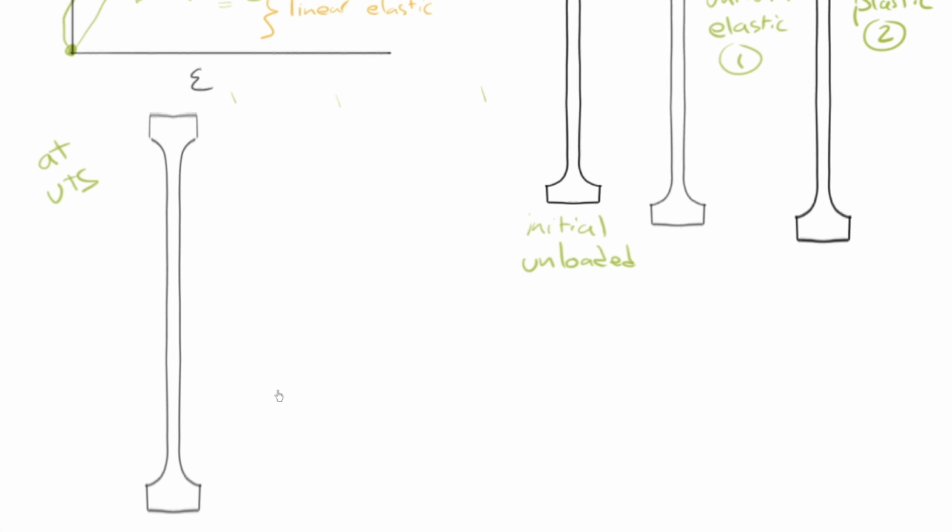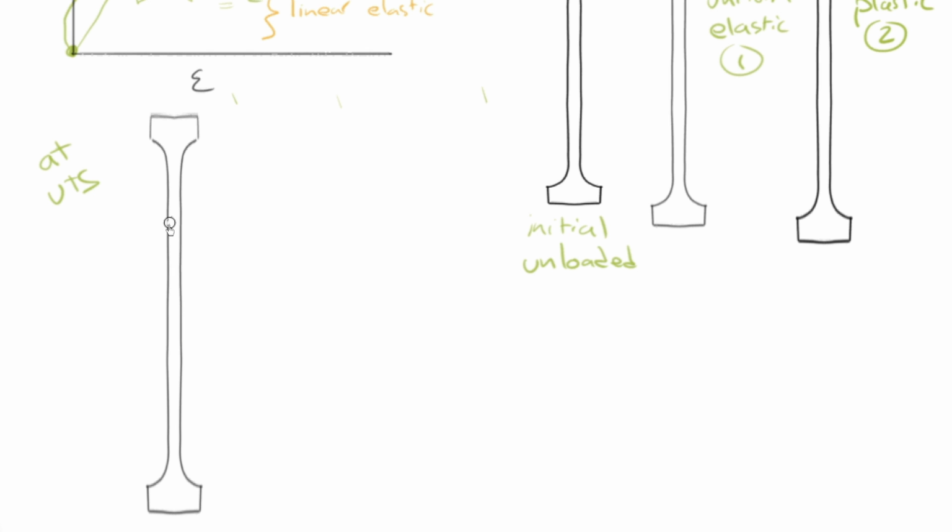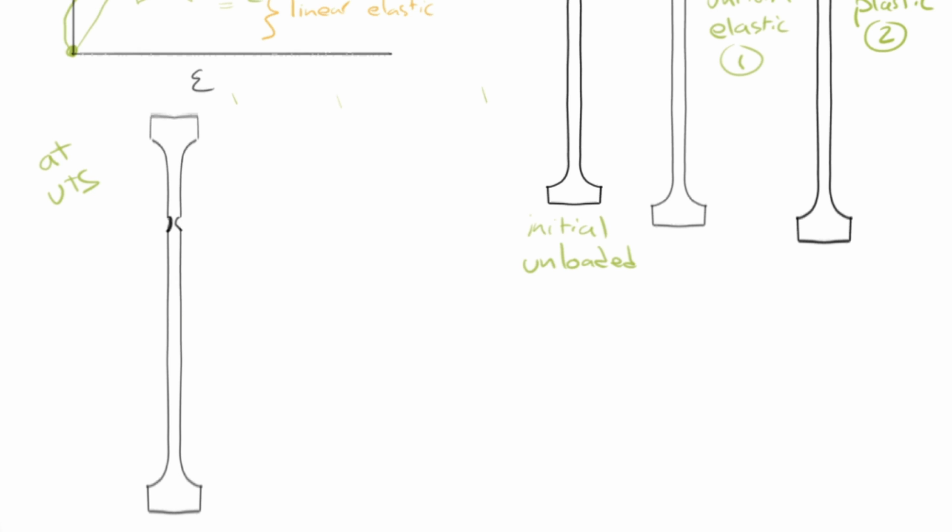And that's what I want to show you here by adding something to this. Somewhere inside the specimen, in the reduced section, you get a little localized deformation. The plastic deformation is no longer evenly distributed. Suddenly, in a small place, it gets smaller.